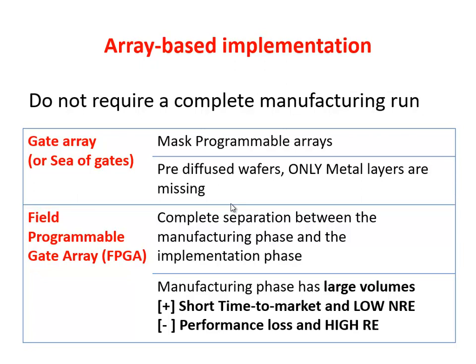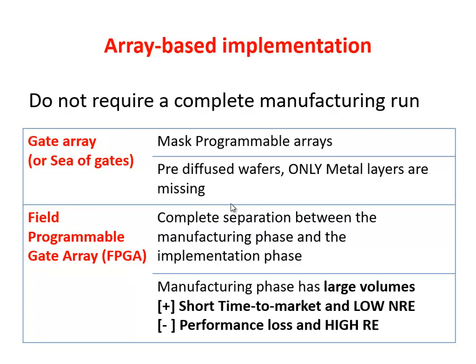For the field programmable gate array, instead, you don't touch anything from a physical point of view in the foundry. Basically, the chips are shipped from the foundry in a complete way. They are all equal when they are sent to the users.